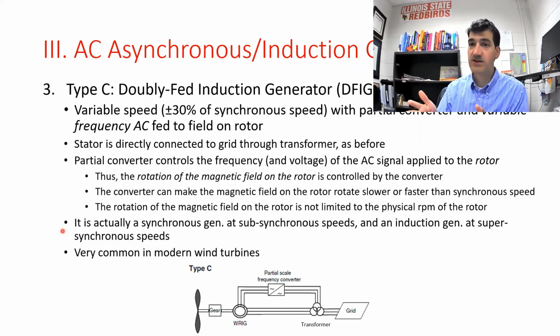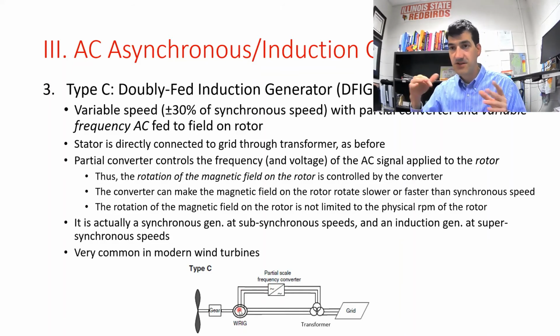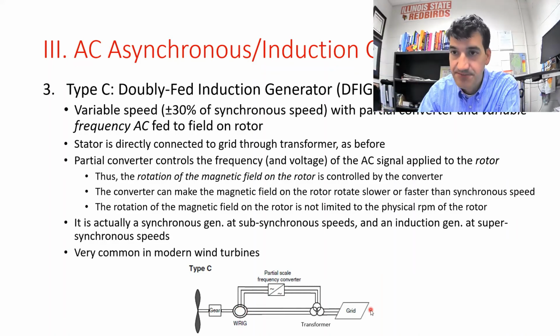And therefore, it's operating as a synchronous generator, and it's pushing electricity out to the electric grid. So the partial converter is applying an AC voltage to the rotor, and that is creating an induced voltage in the armature windings and sending current back out to the electric grid, all right?